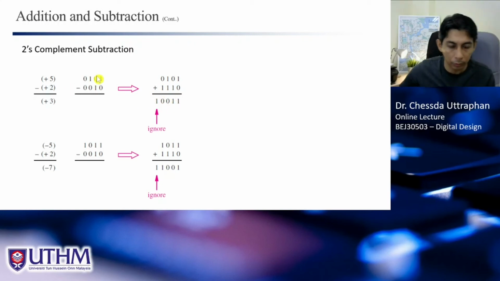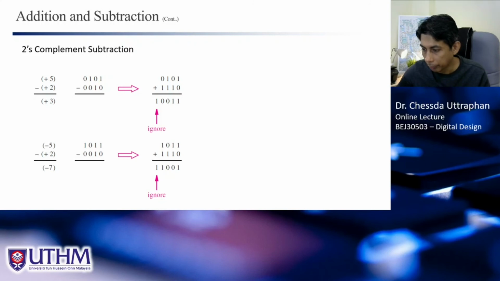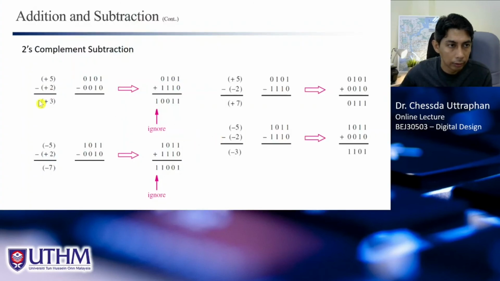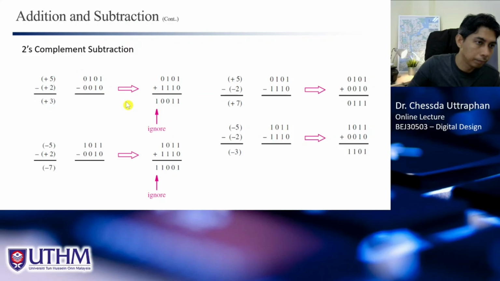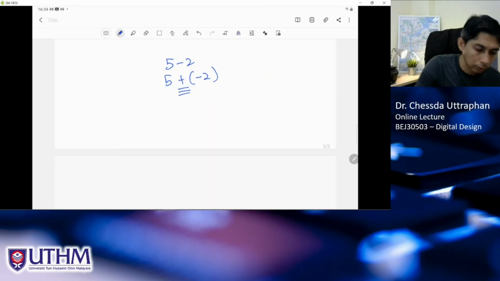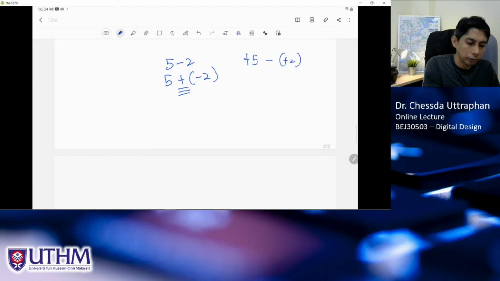So actually what we do is the same thing, where this one is plus 5 minus plus 2. So you have plus 5 plus minus 2.